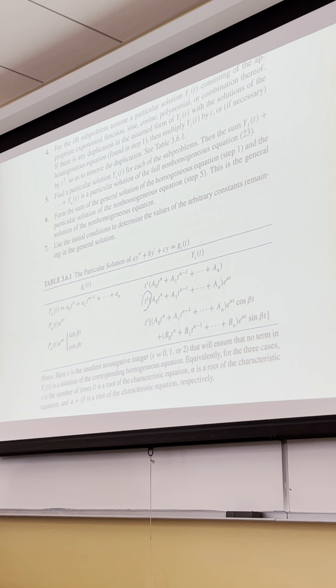So your guess should be not just sine, it should be a sine plus b cosine, because the derivative of sine is cosine and the derivative of cosine is sine with some negative. So that's what they have. They have the polynomial, they have the e, which we already talked about in the previous one, but they have both sine and cosine, you see?